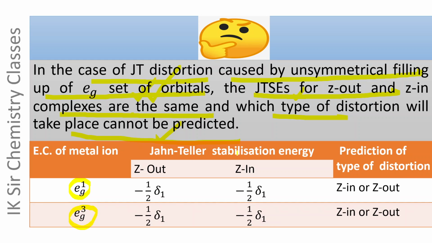The Jahn Teller stabilization energy for Z out and Z in configurations is the same for Eg1, and for Eg3 also the Jahn Teller stabilization energy is the same for Z out and Z in, and therefore the type of distortion may be either Z in or Z out, which will take place we cannot predict with certainty.